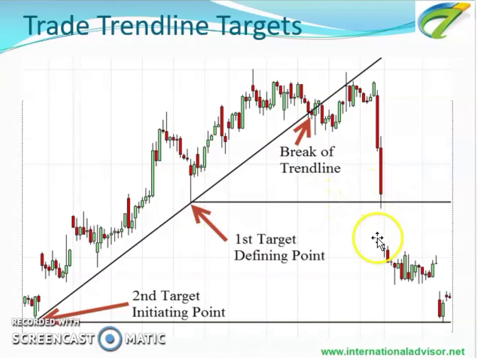And after that there's a gap, and the market started again, and then another gap between trading sessions, and finally it hit the second target, which is the initiating point.